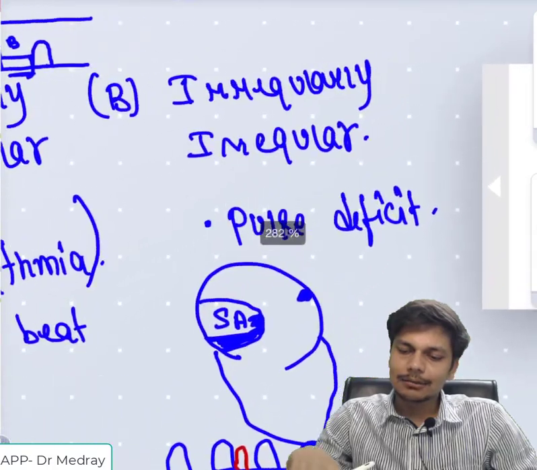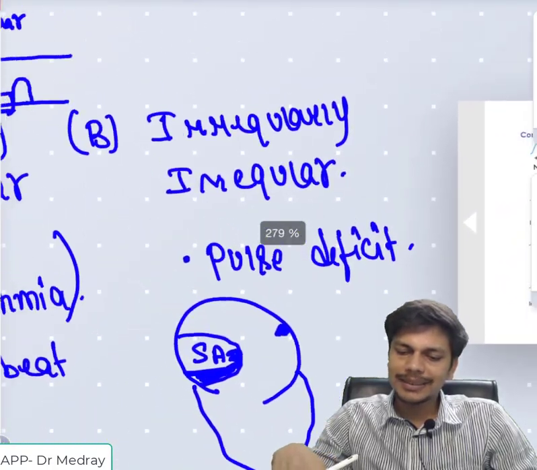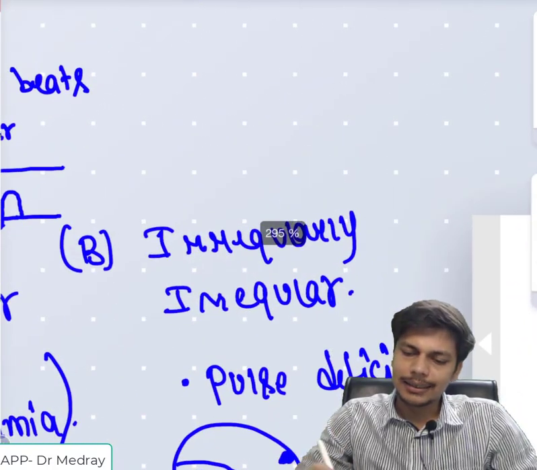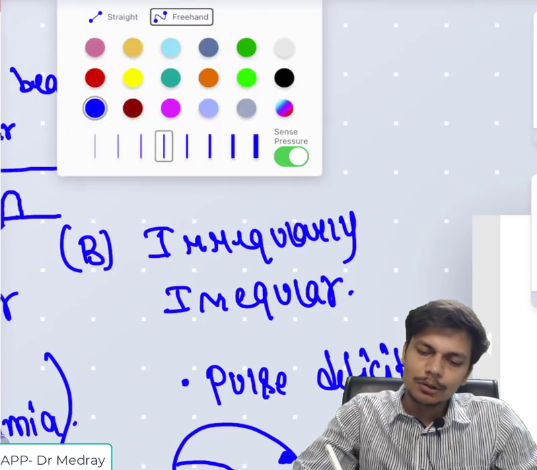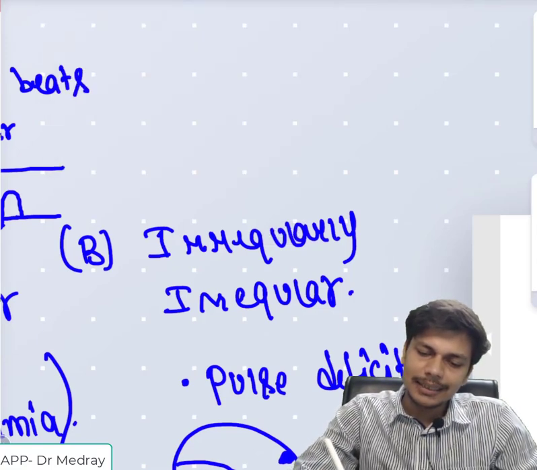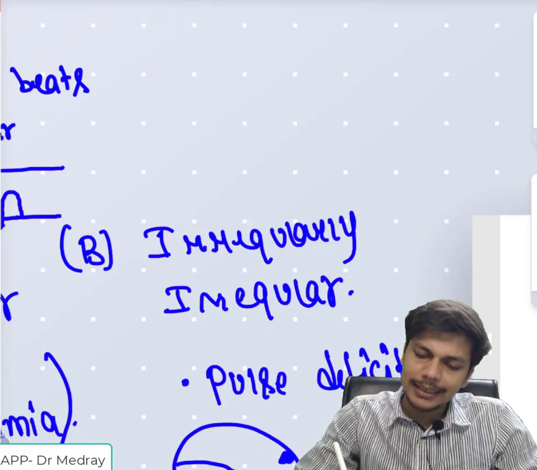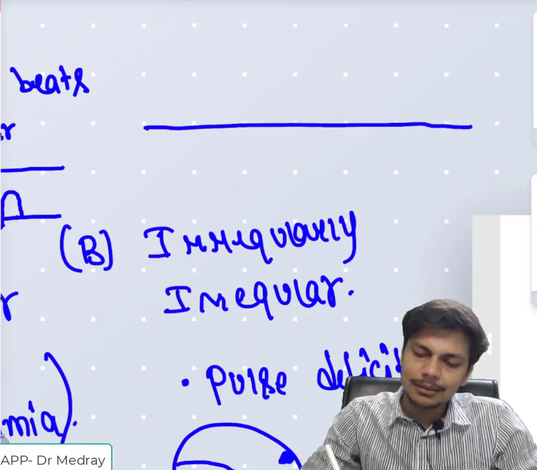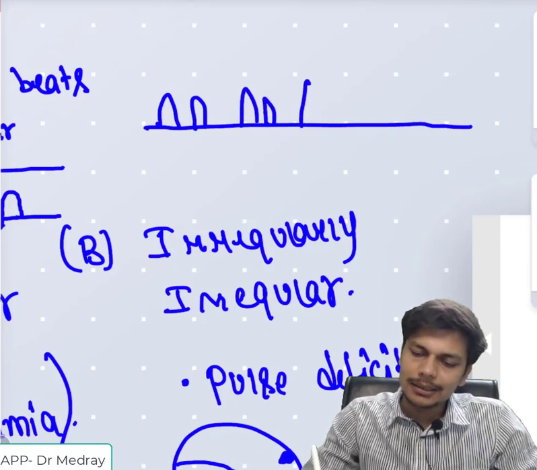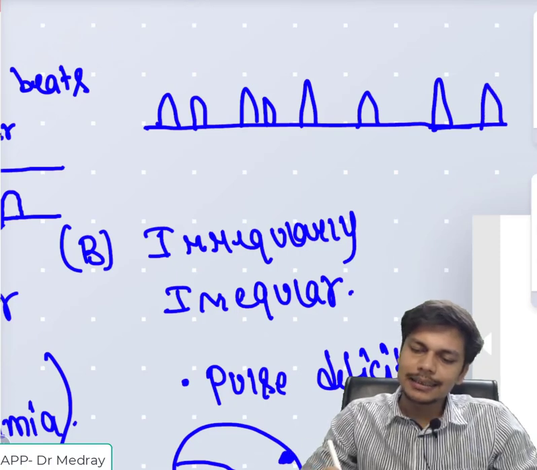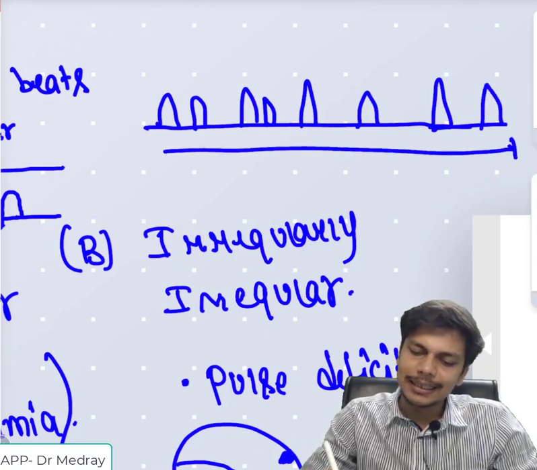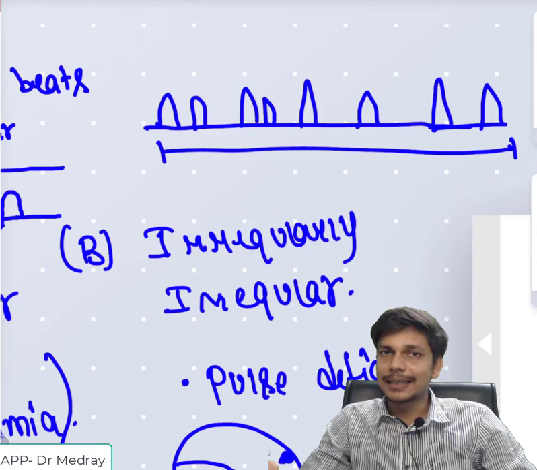Now the irregularly irregular rhythm. If the patient is having an irregularly irregular rhythm, there will be no matching between any phase when you examine the pulse. The patient will have a completely chaotic pulse rate. So you see that there is no regular interval occurring in this irregular pulse.